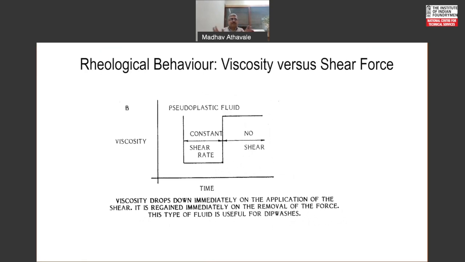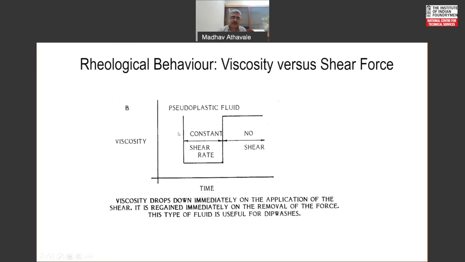A special case of thixotropic fluid is the pseudoplastic fluid. In this case, there is a very sharp drop in the viscosity when you apply the shear, and it remains low. And as soon as the shear force, or shear rate, is stopped, the viscosity comes back to the original level very quickly.